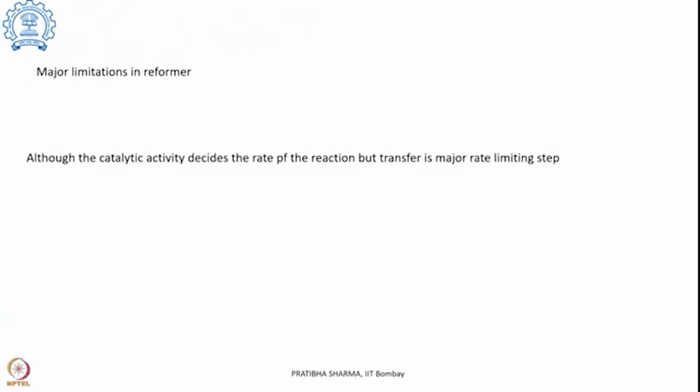Now we have seen that there are challenges associated with the reformer, and it seems that the catalytic activity could be the major challenge.